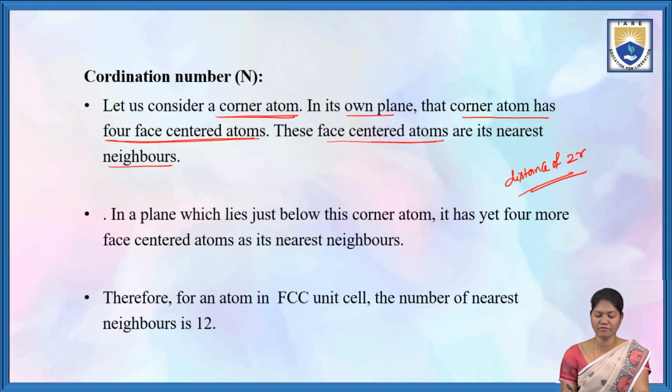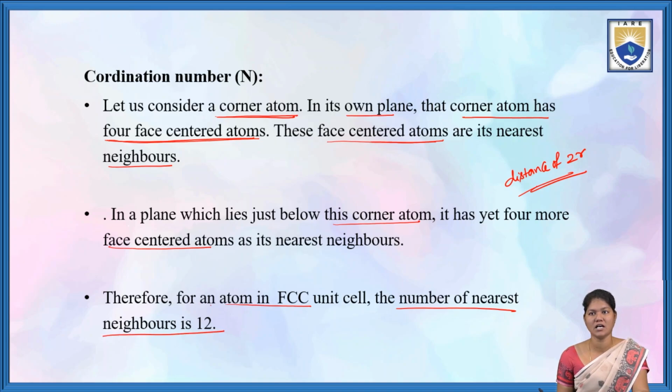In the plane which lies just below this corner atom, it has 4 more face-centered atoms as its nearest neighbors. Therefore, for an atom in the FCC unit cell, the number of nearest neighbors is 12.